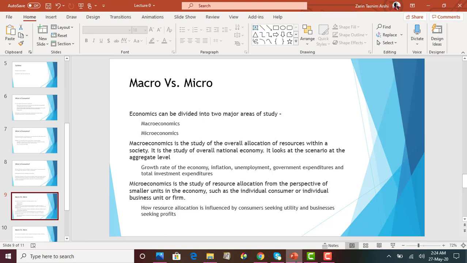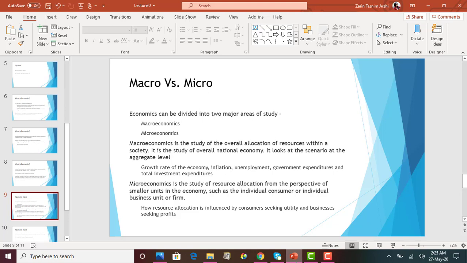How are you going to allocate resources so that it will maximize your utility and you will be able to make the maximum profit? Those types of things are classified under microeconomics. So microeconomics is for smaller units, for individuals or individual businesses, whereas macroeconomics is all about groups, the economy, state economy, city, or county levels.